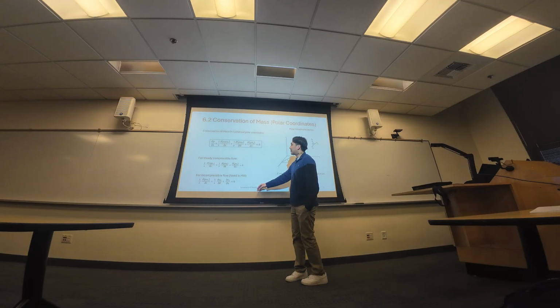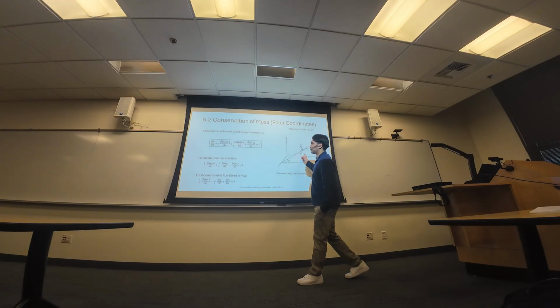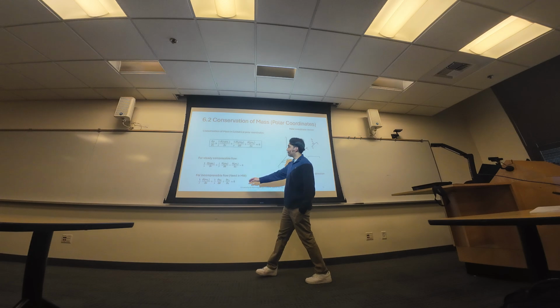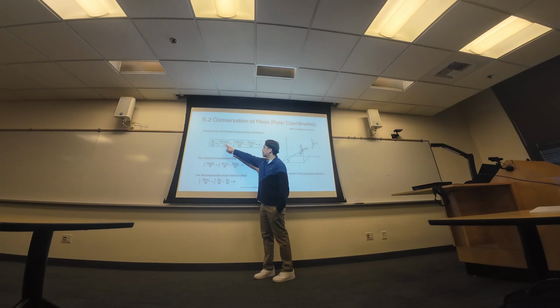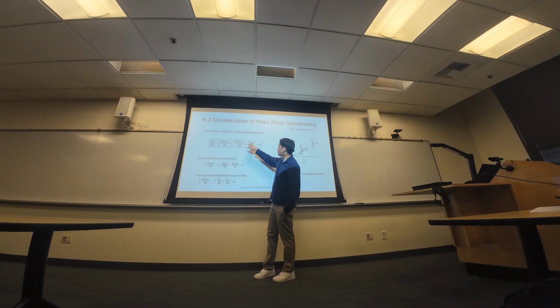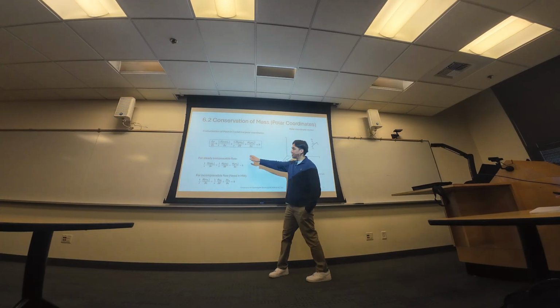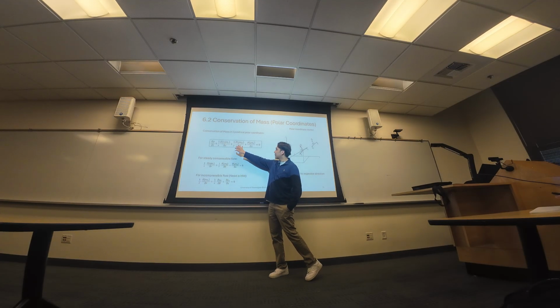I'm not going to derive why, but this is the equation for your conservation of mass using these polar coordinates. Same thing that I've been telling you. So this r and rho are usually constants that will be given if you need them. This vr, v theta, vz, that's usually going to be a function, and you're going to find the derivative with respect to r, theta, or z.